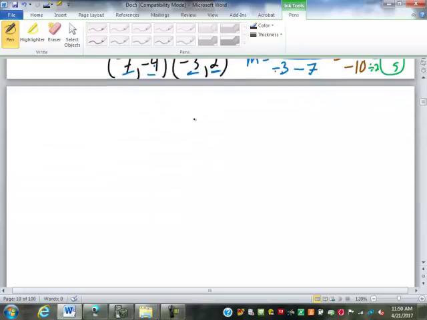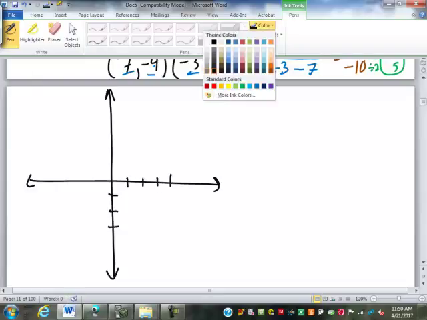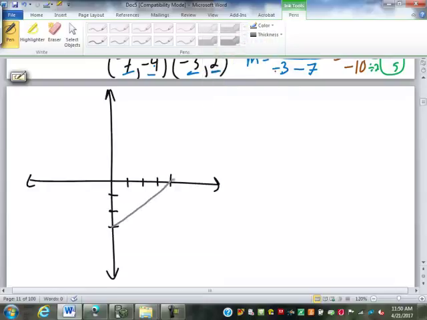From that, we can kind of reverse our graphing process. If I have a line on my graph that looks something like this, we can go back and find the equation. Remember, y equals the slope times x plus or minus our y-intercept.